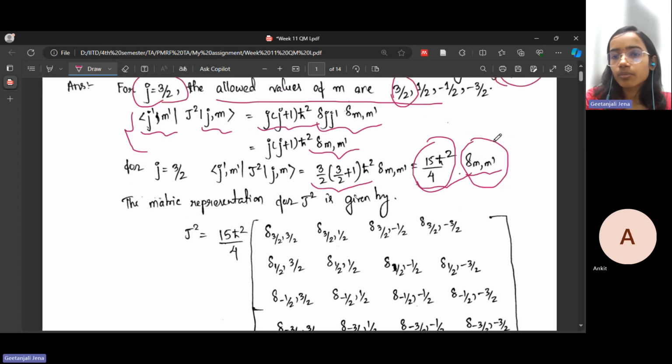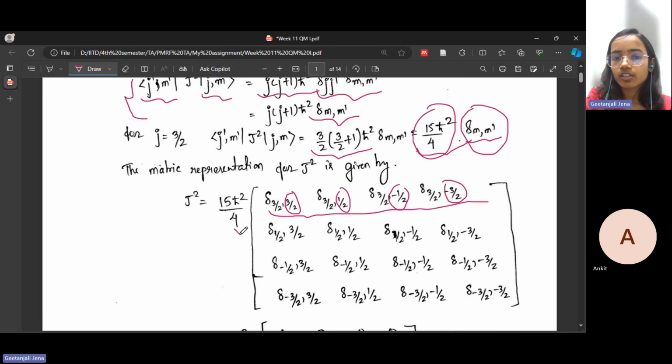When j equals 3/2, m and m' will take the same values, from 3/2 to minus 3/2 in steps of 1. That's why I varied m' from 3/2 to minus 3/2 here, keeping m constant. This is half, this is minus half, and this is minus 3/2.